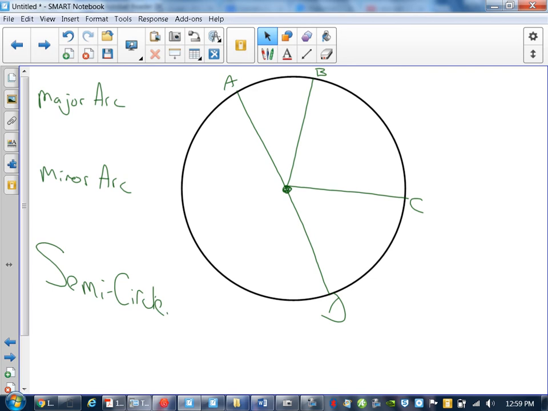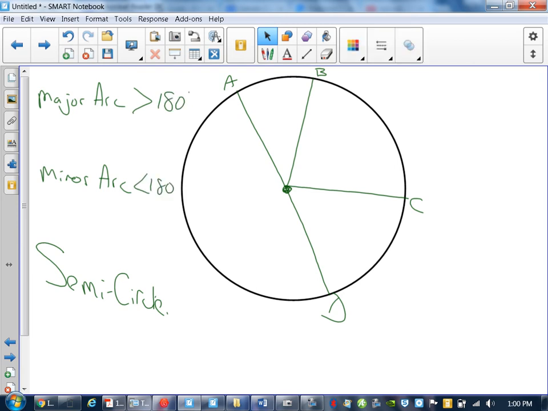You had major arcs, minor arcs, and another one that was called a semicircle. What was the difference between major and minor arcs? Right. Major arcs were larger than 180. Minor were smaller than 180. Greater than 180 degrees, smaller than 180 degrees.